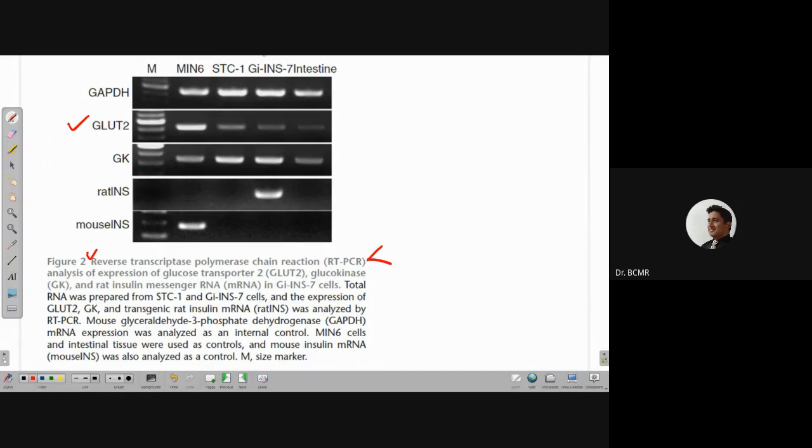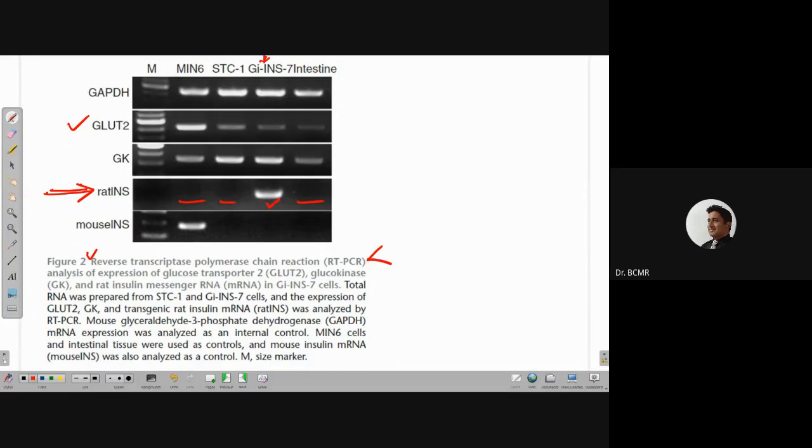These are the cells that we are looking at. GIP with insulin 7, those are the transformed cells. And you can see that the other cells do not have any expression of insulin, whereas the transformed ones have a good amount of insulin expression. This is what I will try to focus on most.